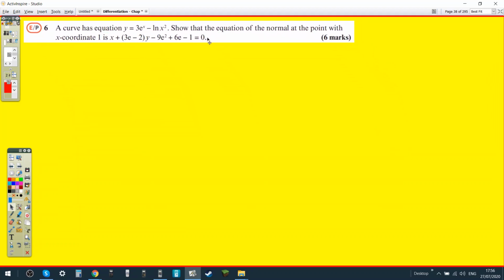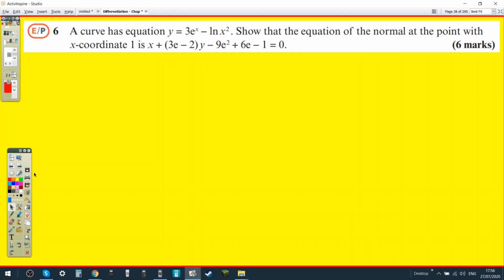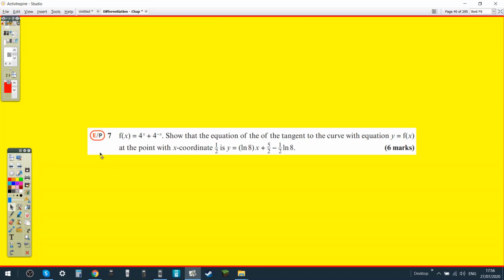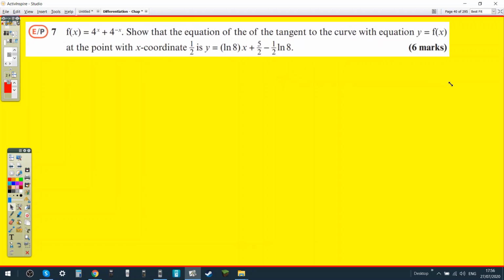So it's a normal. It's a little different, but I think it's the same idea. It's up to you if we do it or not. I don't mind. Let's just see what else there is. Tangent. It's very similar.